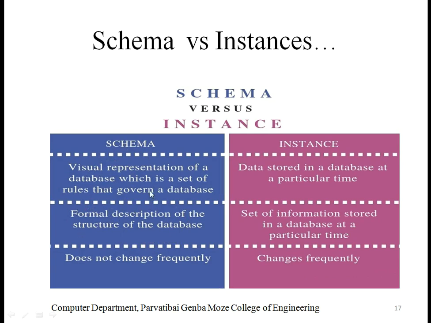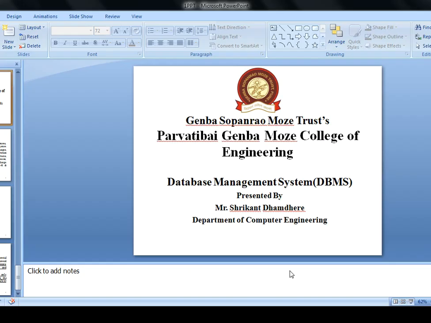This is called the schema. The instance stores data at a particular time, the information stored in a database at a particular time, meaning new information added to a database. That's called the instance of a database. The schema does not change frequently, while the database instance changes frequently. Okay, thank you.